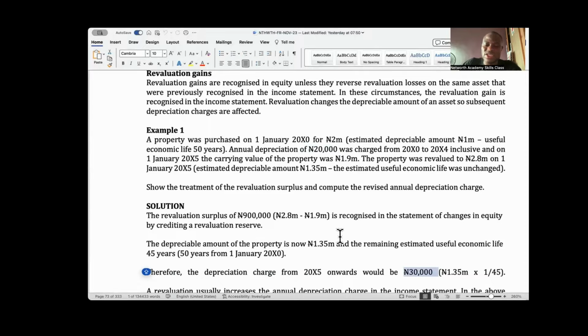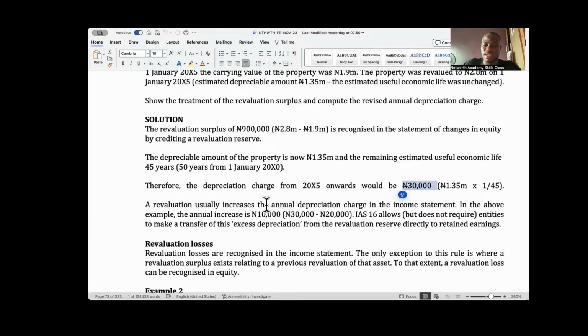So you see this increase in annual depreciation charge of 10,000. IAS 16 allows that you should use it to earn your revaluation reserve by transferring it from revaluation reserve to retained earnings.